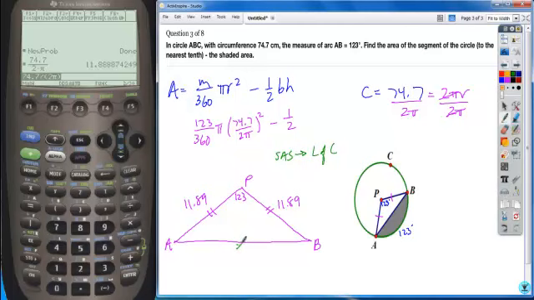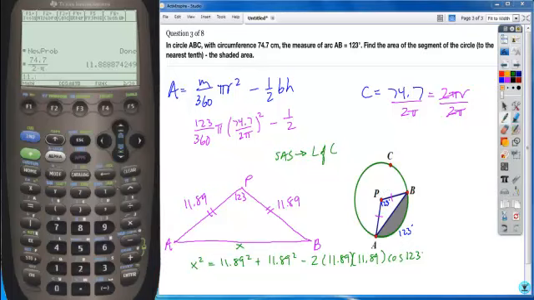So if I call this x right here, I can solve for x using the law of cosines by saying that the side squared is equal to the sum of the squares of the other two sides minus twice the product of those two sides times the cosine of the angle opposite, in this case 123. So if I solve for x right here, I can get my side length, which is the base of my triangle. So I'm going to go ahead and calculate that.